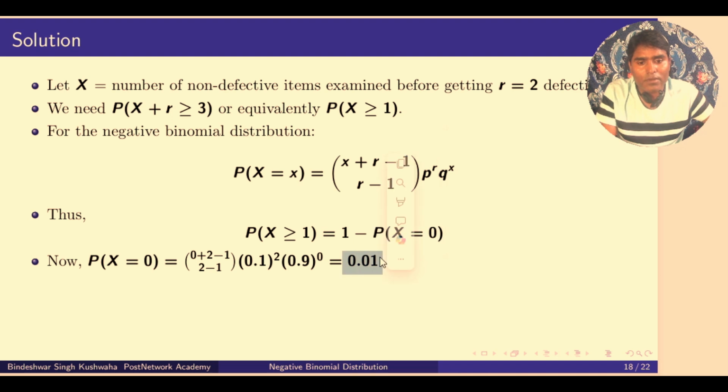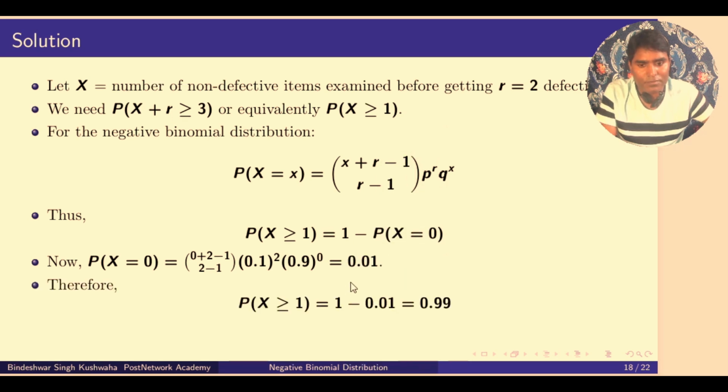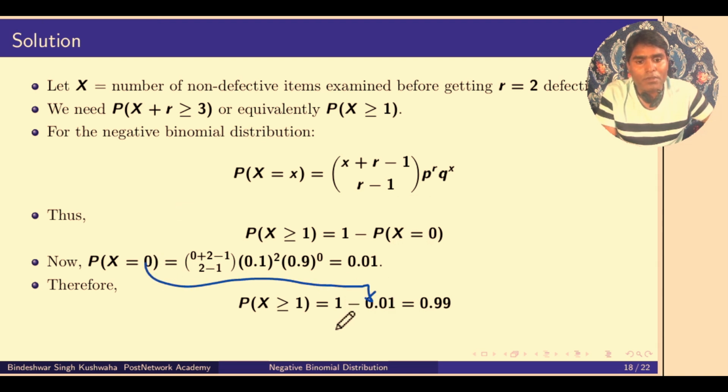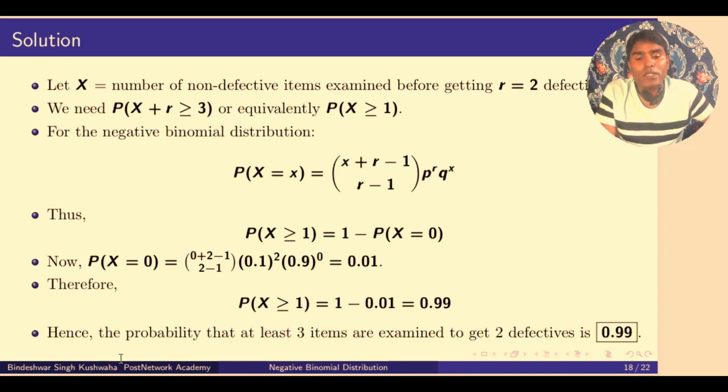We will get the value 0.01, so 1 minus 0.01 gives 0.99. Thereafter the probability that at least 3 items are examined to get 2 defectives is 0.99.